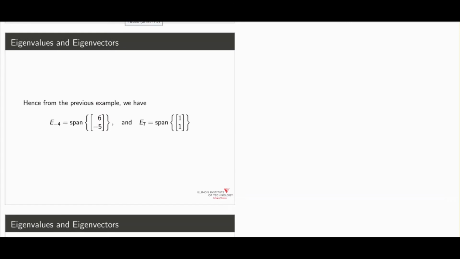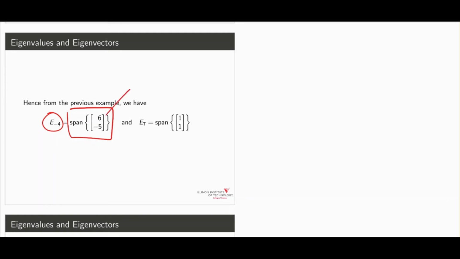Let's summarize what we have so far. Our eigenspace for lambda equals negative 4 is the span of 6 and negative 5. Our eigenspace for lambda equals 7 is the span of 1, 1. Now, E negative 4 is a vector space because the span of any vectors is a vector space.